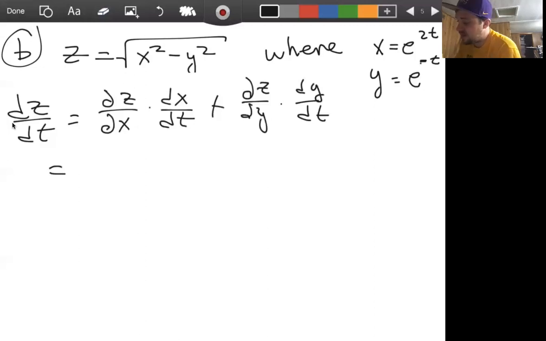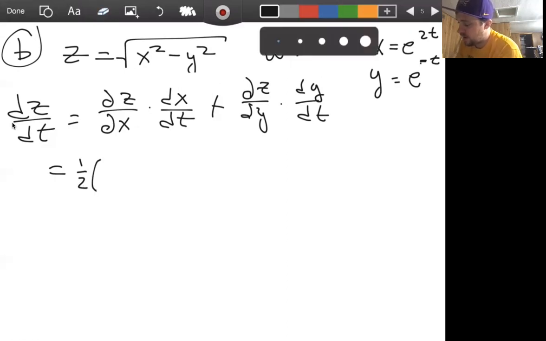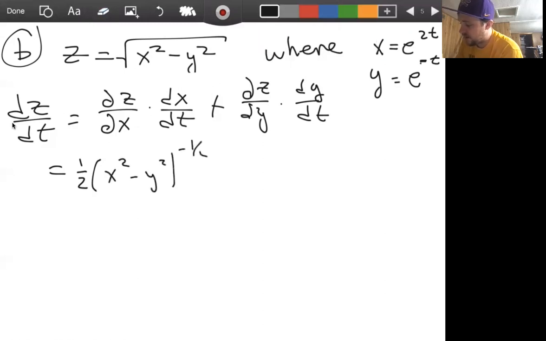Well, del z del x looks like it's going to be 1/2 x squared minus y squared to the negative 1/2 times 2x, and then that's times dx dt, which is 2e to the 2t.